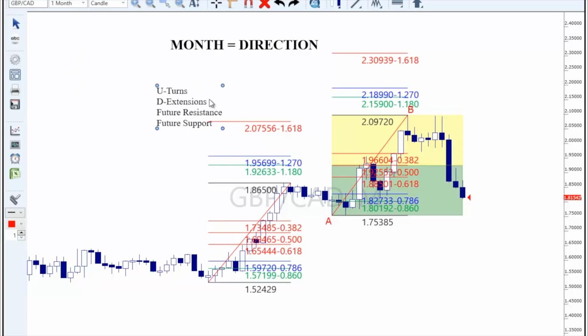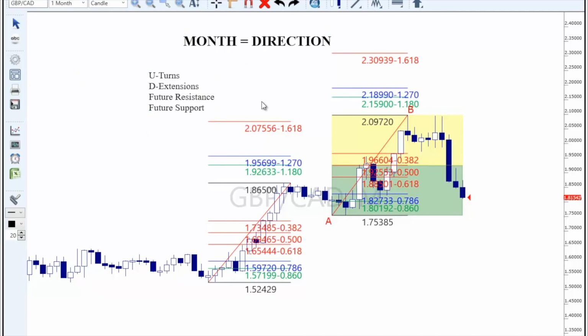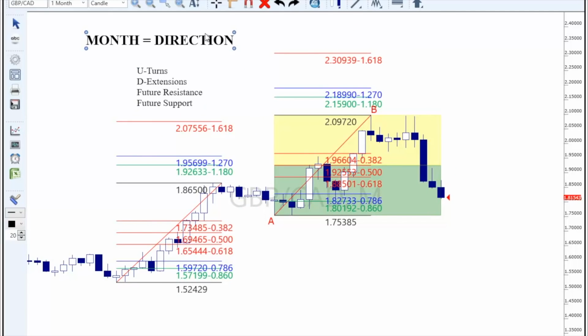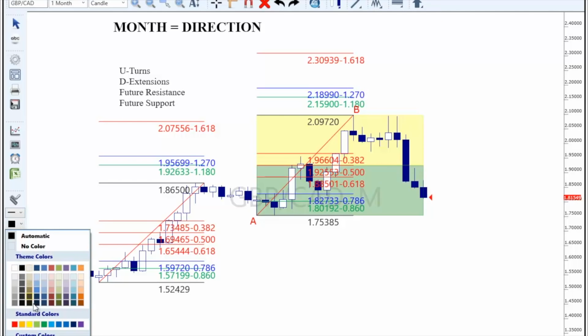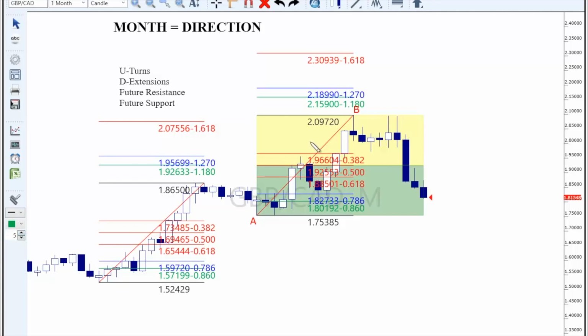Right now we have this market making higher highs and higher lows where bulls are in control. And the direction says, hey, look, we have an up AB boundary. We're touching a 786, but the market hasn't U-turned yet. With the 786 retracement, we'll make our D extension 1.27, so our target will be 2.1899.